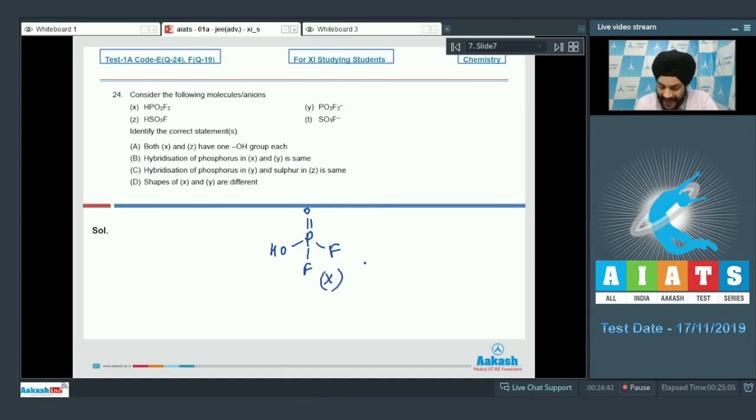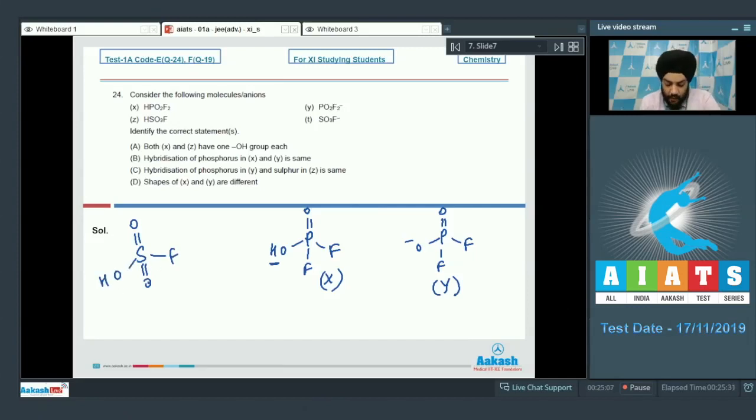If you talk about its anion, it will just lose this proton. So P double bond O, O negative, F and F. So this is the structure of Y. We can also now have the structures of HSO3F and SO3F negative. So if you talk about the compound Z, we have S double bond O, F and OH.